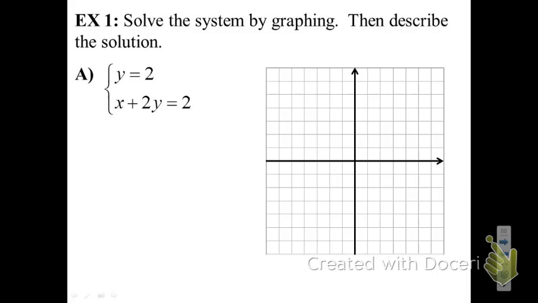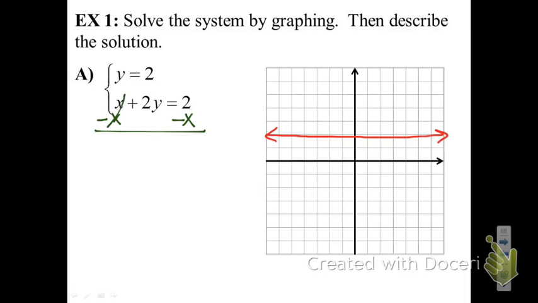The first thing you're going to do is graph the line y equals 2. To graph the line y equals 2, we go up 2 and graph that line. To graph the second line, because there's an x and a y, you want to solve for y. To solve for y, subtract x from both sides.